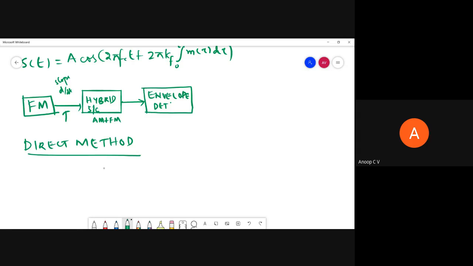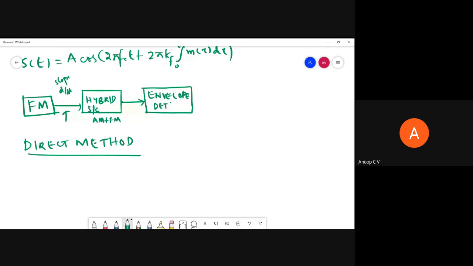Direct method of FM demodulation. In the direct method of FM demodulation, we should produce a transfer characteristic that is the inverse of that of FM. In FM, we have seen that instantaneous frequency is varied according to the amplitude.